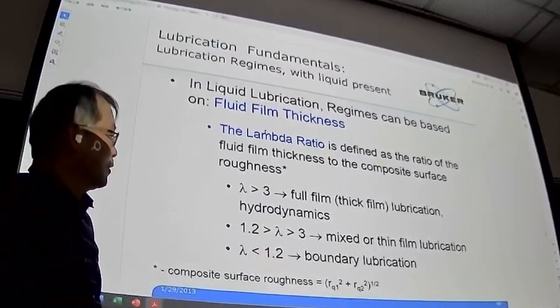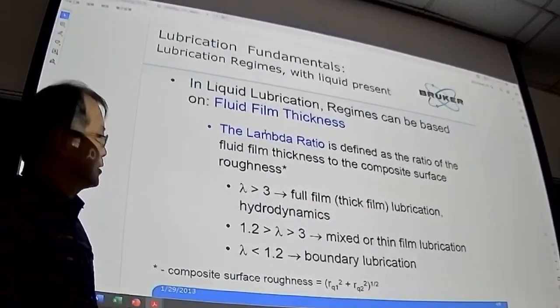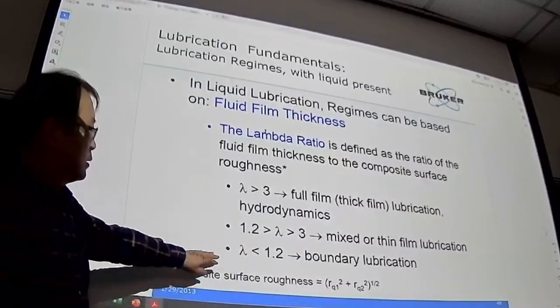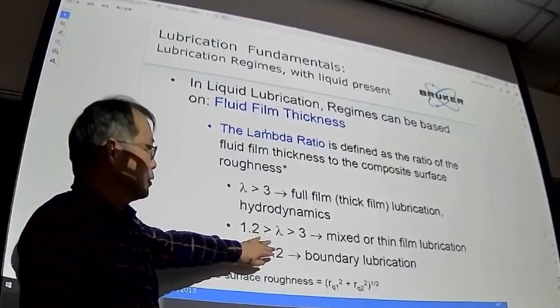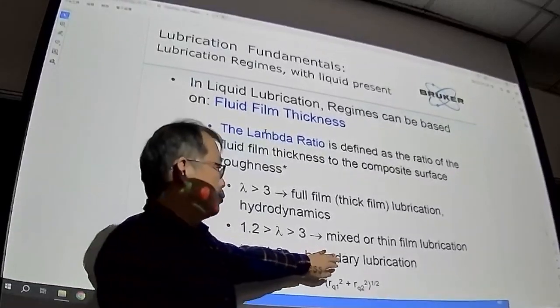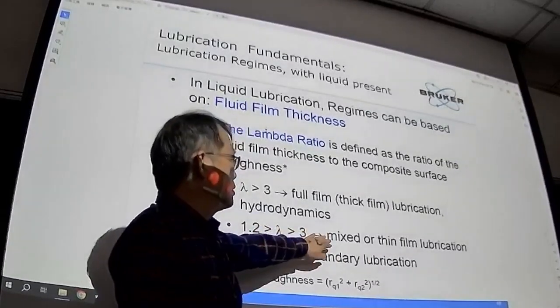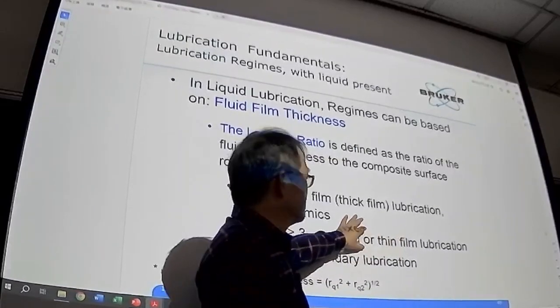Okay. So this lambda, the specific film thickness: lambda smaller than 1.2 is boundary lubrication. Between 1.2 and 3 is called mixed lubrication, which is a thin film lubrication.